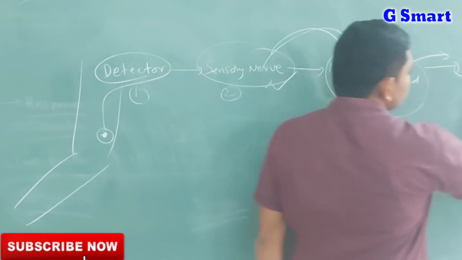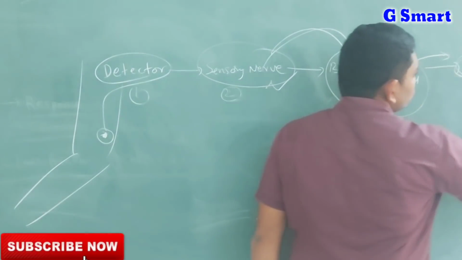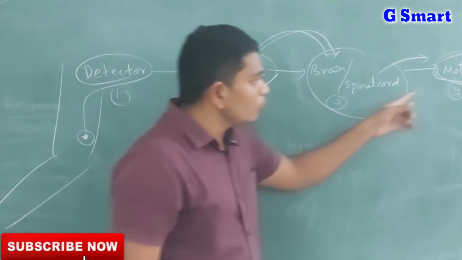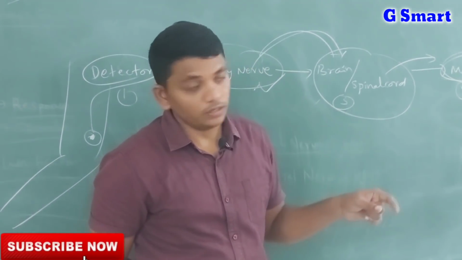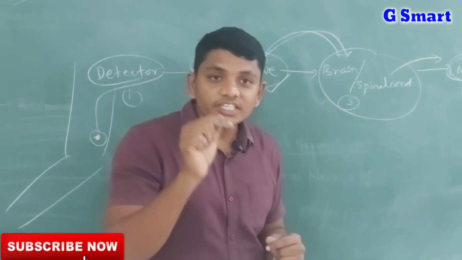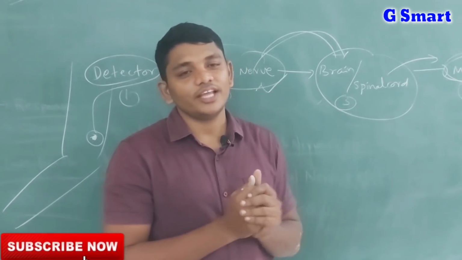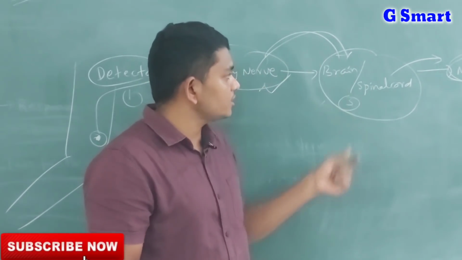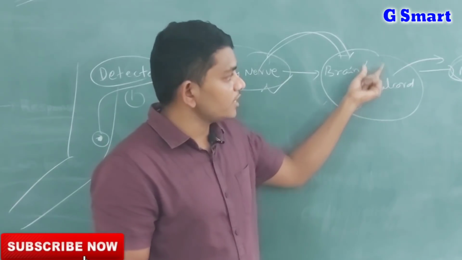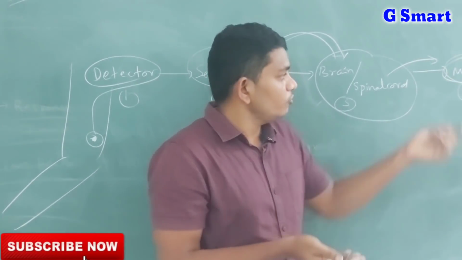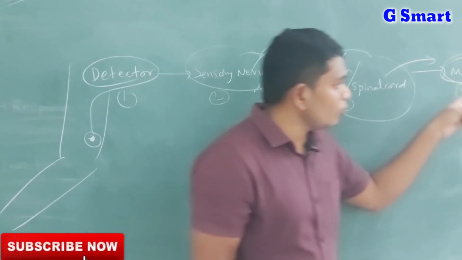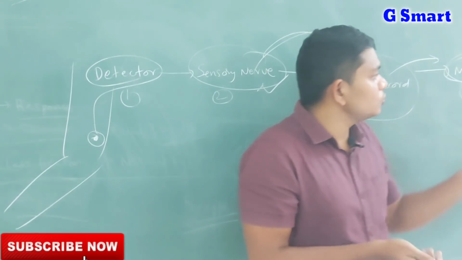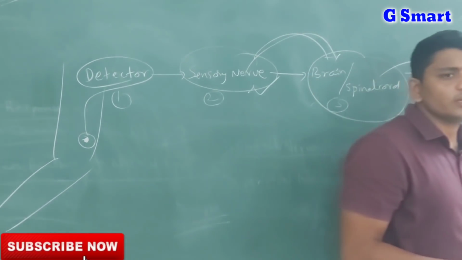The motor nerve gives the information to the effector, but this information is a response. These responses are released by the brain or spinal cord, carried forward by the motor nerve to the effector. Then the effector works.